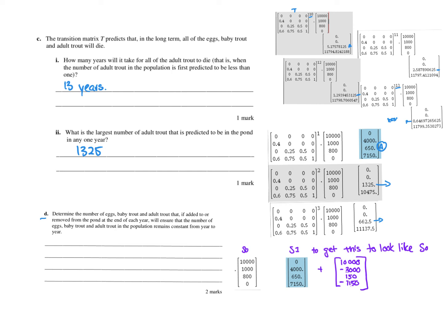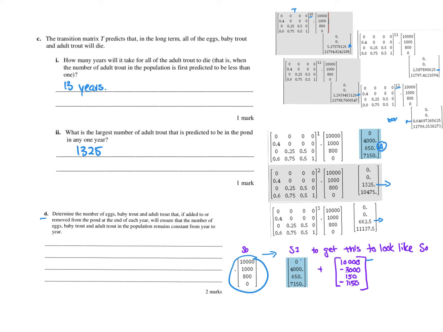So if this is what we had in the beginning, and if you do the transition once and we go to S1, we can see we have 0 eggs, then we have 4,000 babies, 650 adults. So what we want to do is, what can we add to get it back to this? So we're looking at S1, so to get it back to that, I'd have to add 10,000 more eggs.